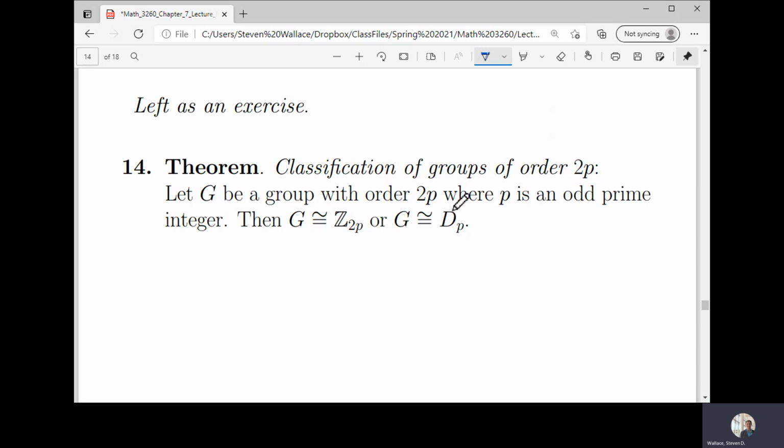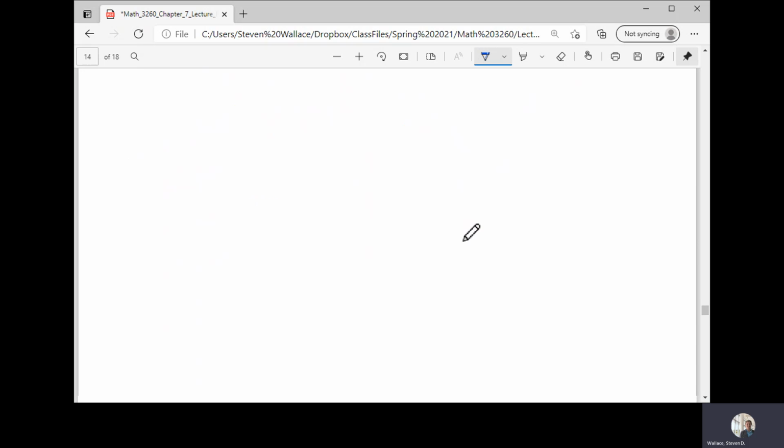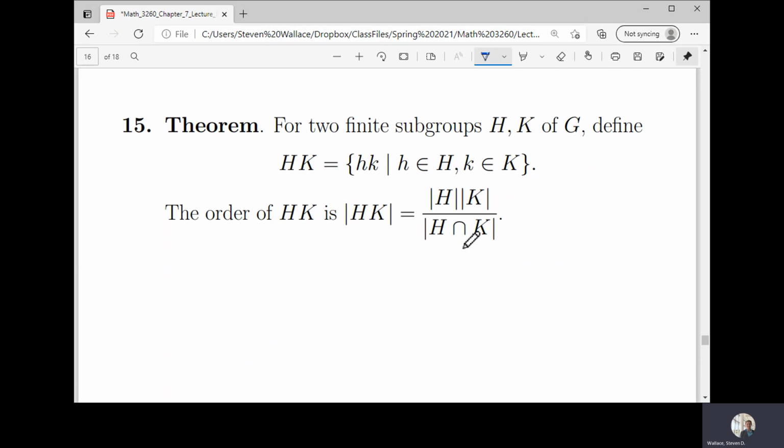Before I do a classification of groups of order 2p, let me just introduce you to a theorem we're going to use when we do it. I'm not going to prove this. It's proved in your textbook.